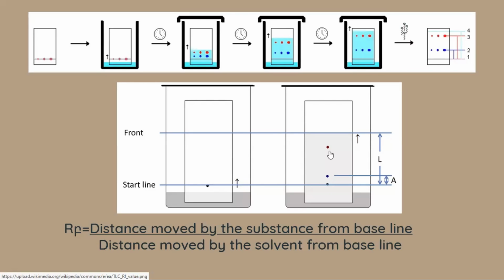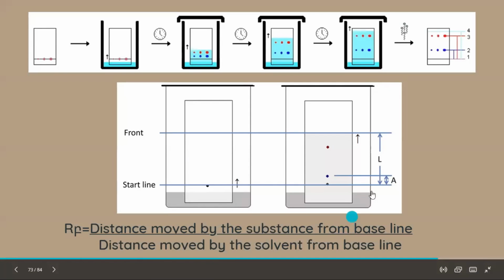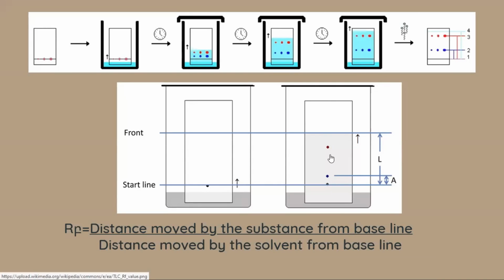Let's assume this is X and Y. X has moved to the distance A, whereas the solvent has moved to L. So this is the overall distance the solvent has moved. So the retention factor would be A, that is the distance moved by the substance from the baseline, divided by L. Now, suppose this particular distance is B, then the retention factor of the red spot would be B by L.